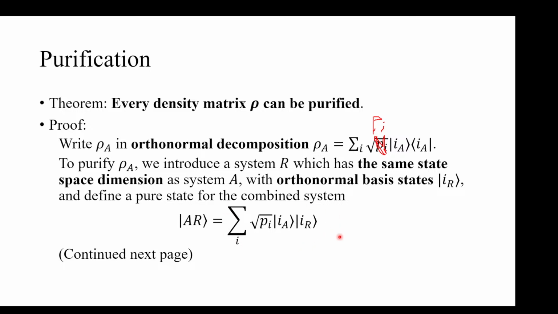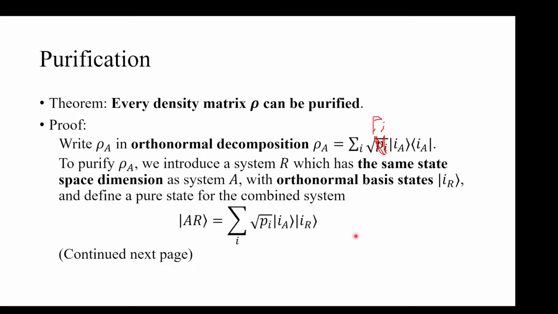So it's an entangled state, and you see that this is already in streaming decomposition, which is pretty cool. It's a summation with only one i, with some lambda_i here, and |i>_A |i>_R. |i>_A is also an orthonormal basis because rho A is unitarily diagonalizable, and |i>_R is just whatever orthonormal basis we choose.